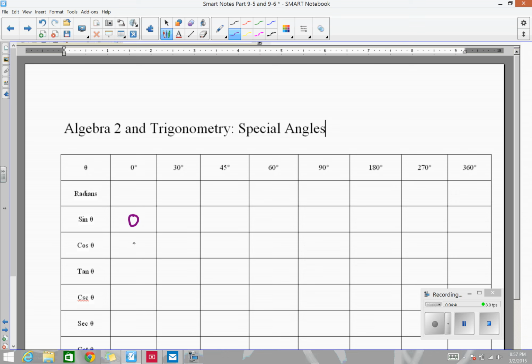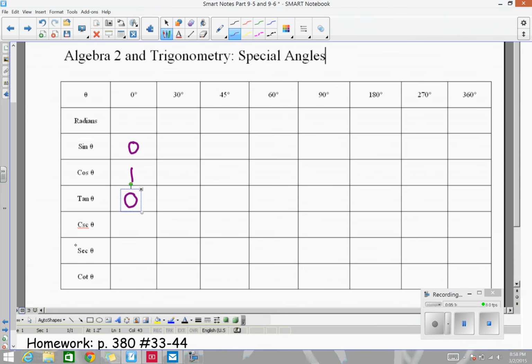Cosine of 0 degrees is 1. Tangent. So tangent is either sine over the cosine or opposite over adjacent if we're in a triangle. So here, if sine is 0 and cosine is 1, tangent is sine over cosine, 0 over 1, which is 0.